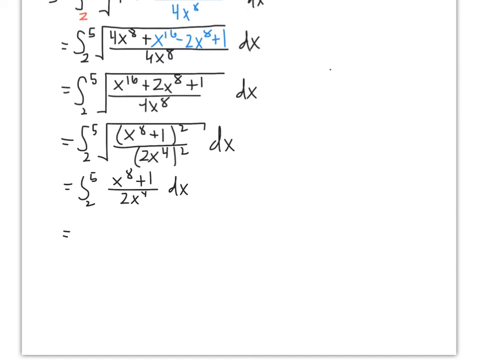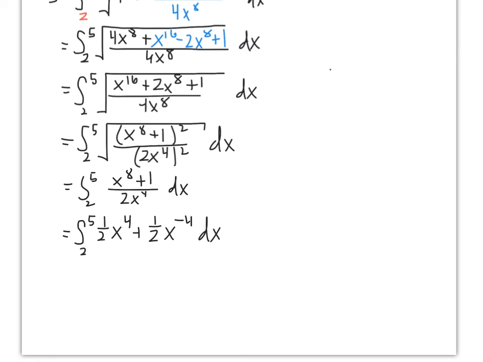So by splitting it up, it'll look like the following. The integral from 2 to 5 of 1/2 x to the fourth plus 1/2 x to the negative fourth dx.